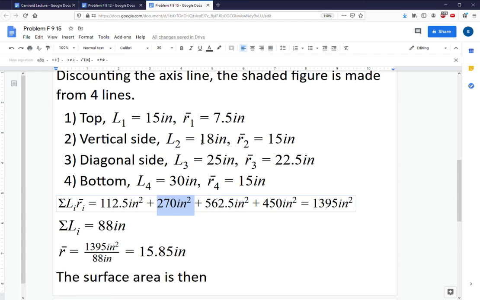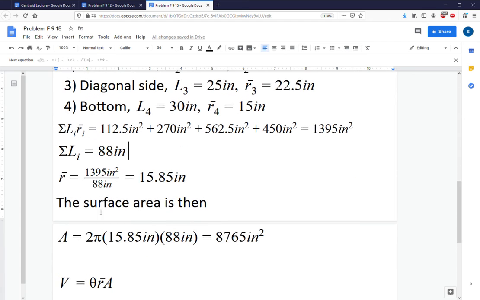This one is 18 inches times 15 inches, which is 270 square inches, and so on, to give a total weighted length of 1,395 square inches. To find the total length, add up these four lengths, and you get 88 inches.